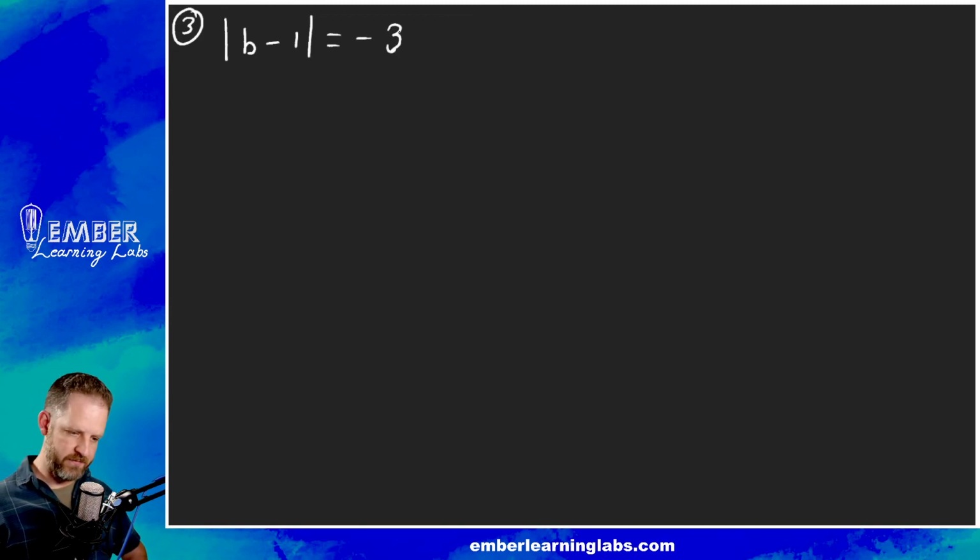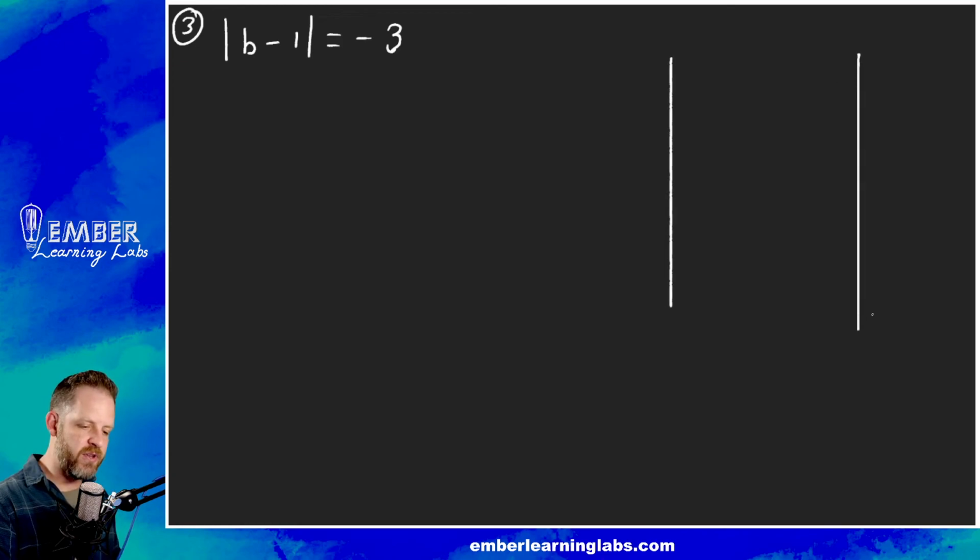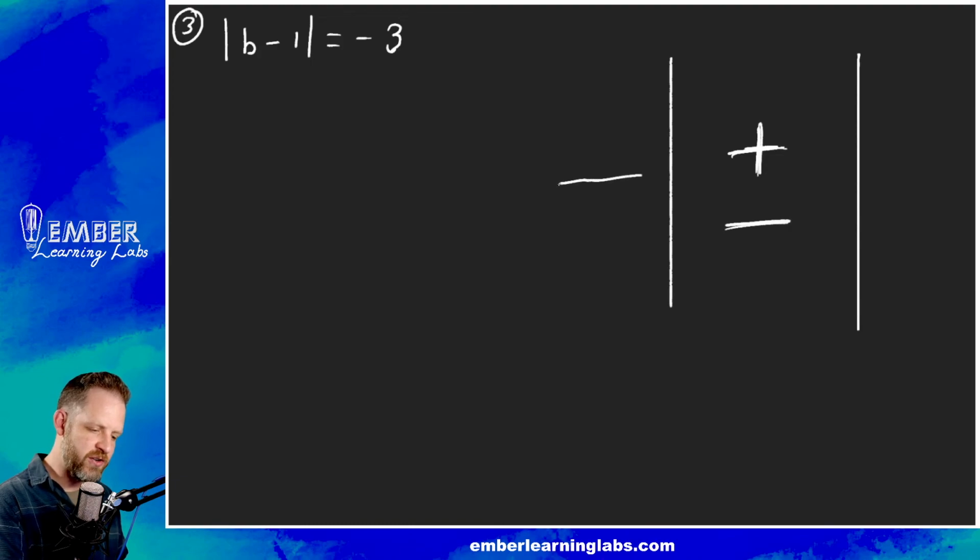Let me explain. What did we say at the beginning that absolute value does? It takes whatever you have inside here, whether it's positive or whether it's negative, and it turns it into a positive, right? That's what that does. Turns it into a plus. So is there any possible way we can look at this stuff right here and it can turn out negative?